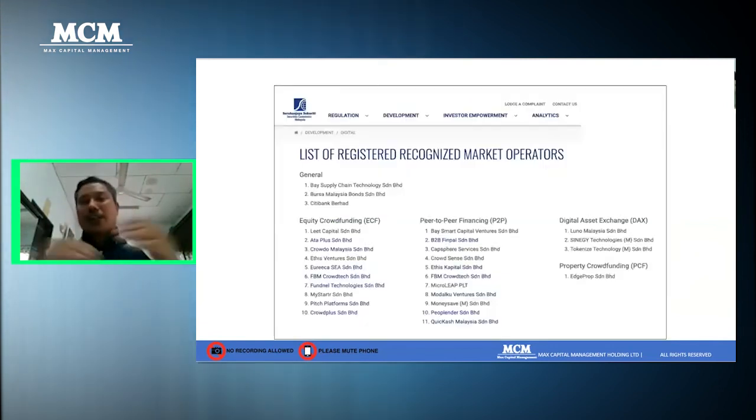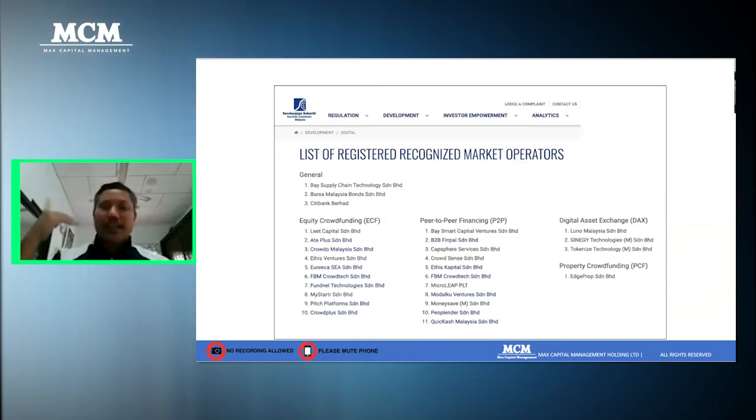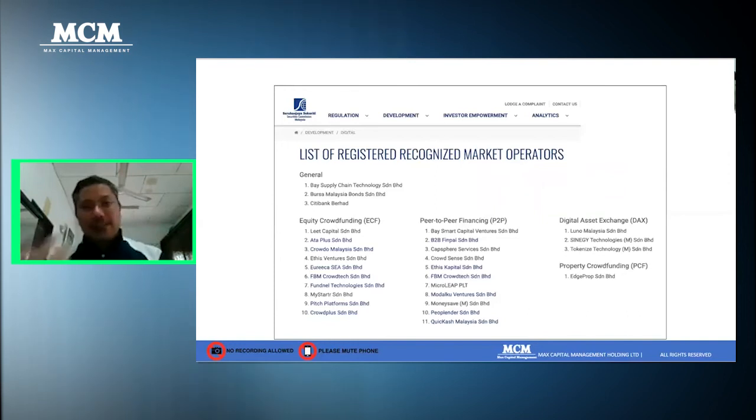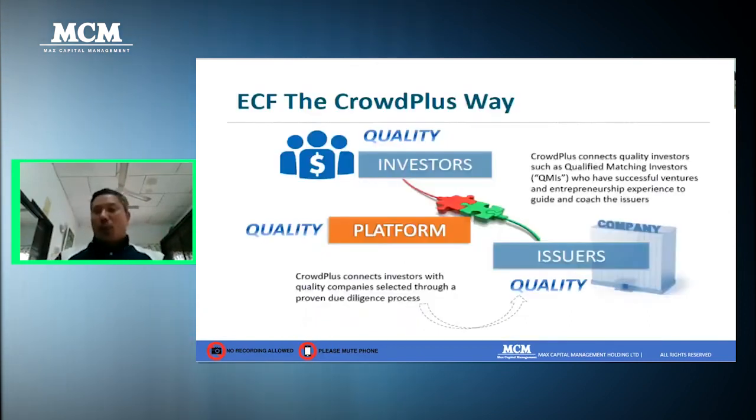And then of course, there are a lot of registered, recognized market operators that are licensed. This is an example in Malaysia. There are ECF, there are P2P, there are also all these PCF. So basically, there are a lot of channels for businesses to reach out for financing, funding, the legal way, right? And then of course, one of the approaches, maybe there's a crowd plus, right?